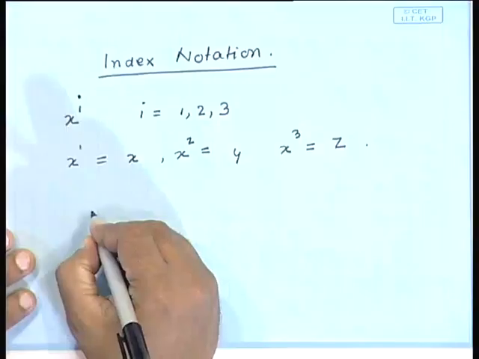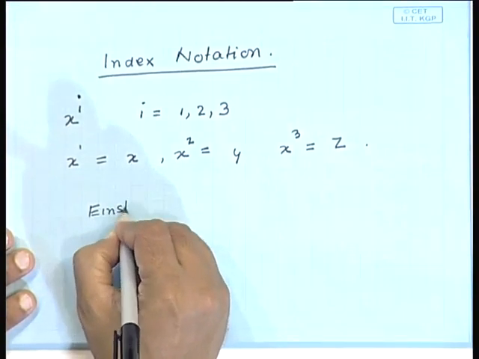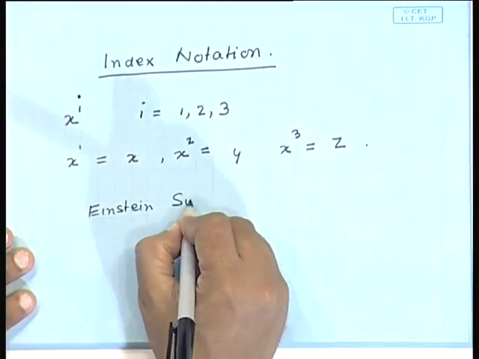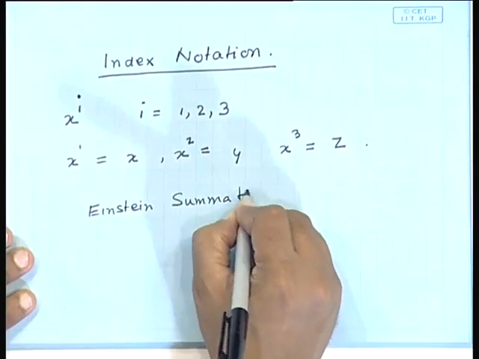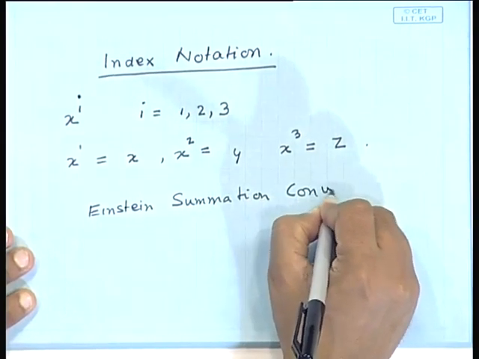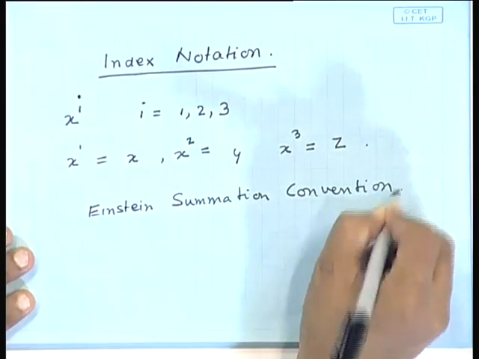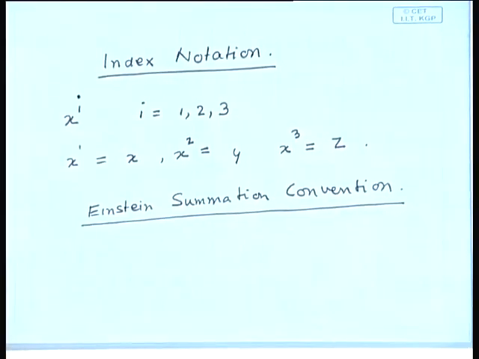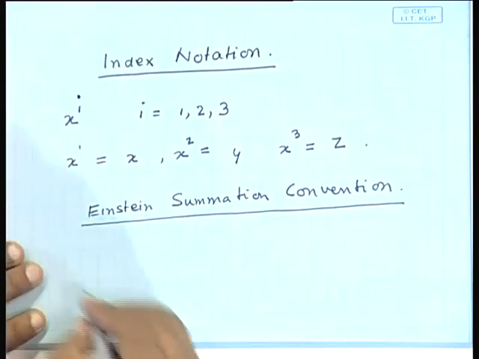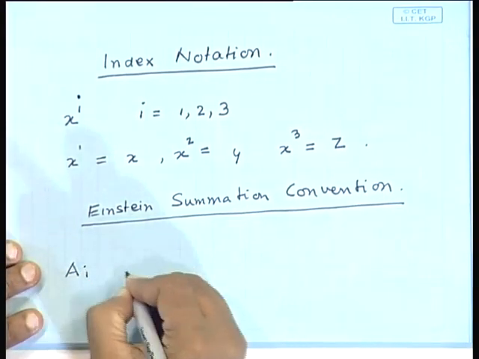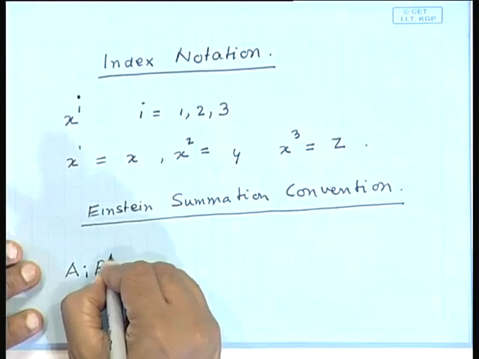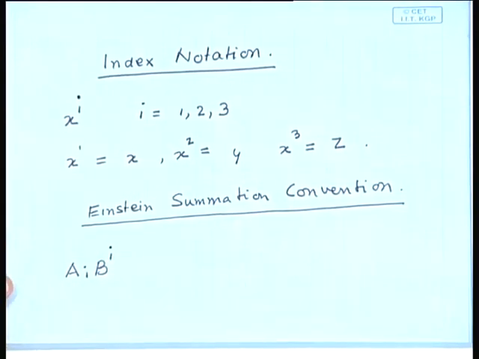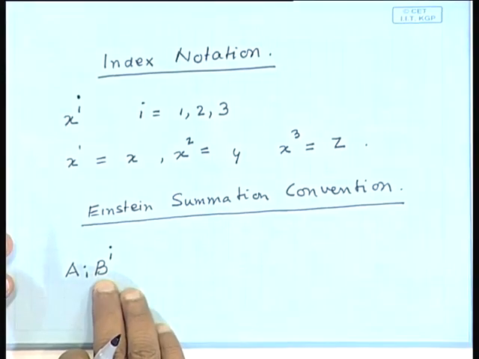The second point is the Einstein summation convention. What is the Einstein summation convention? If I write something like ai bi, where ai has three components, bi also has three components, x, y and z.